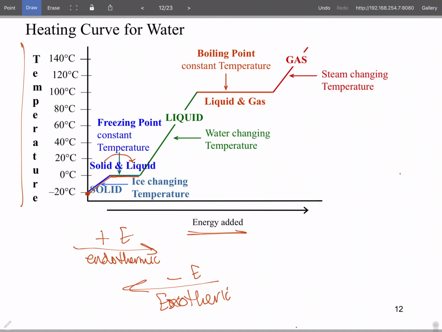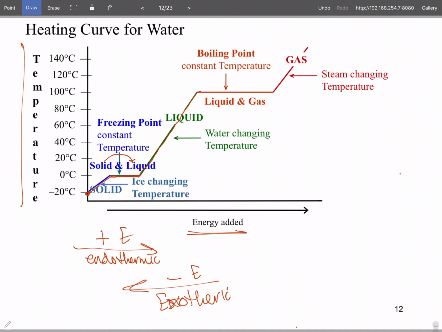All right, once we have reached the point where all of our solid is melted and all we've got is a liquid, then we start rising again. We continue putting our energy into the temperature of the liquid until we hit 100 degrees C. If you have liquid water, it cannot be a higher temperature than 100 degrees.